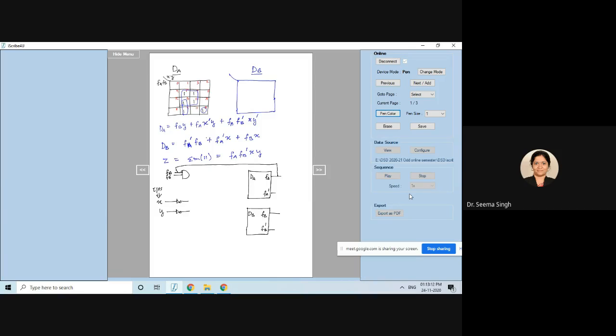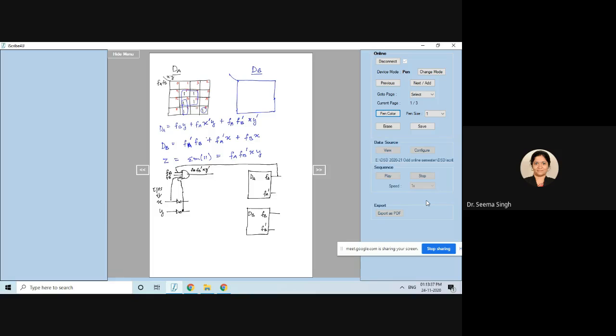So I can show that I am connecting X from here and I am connecting Y from here. Do you understand this? So I am showing what is coming out of this: FA, FB dash, X and Y dash.